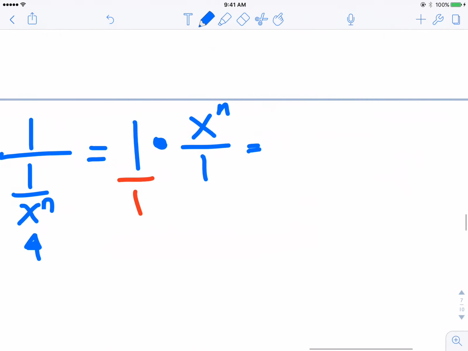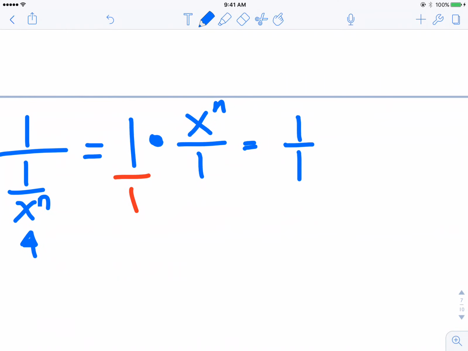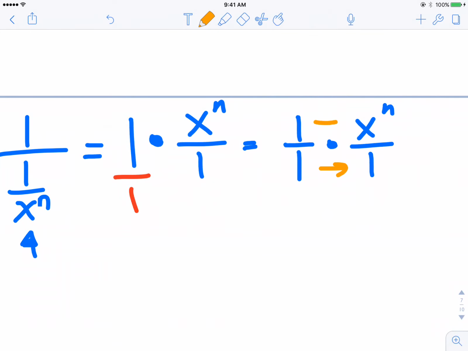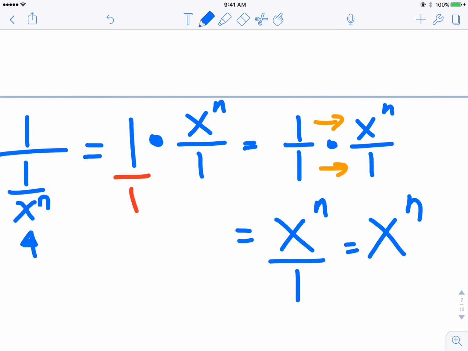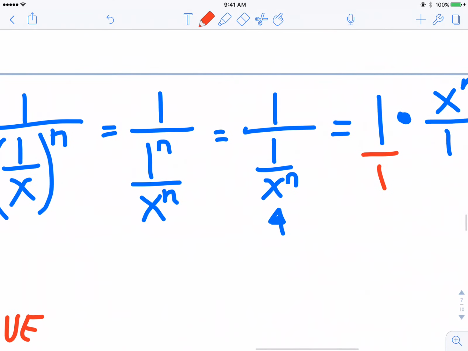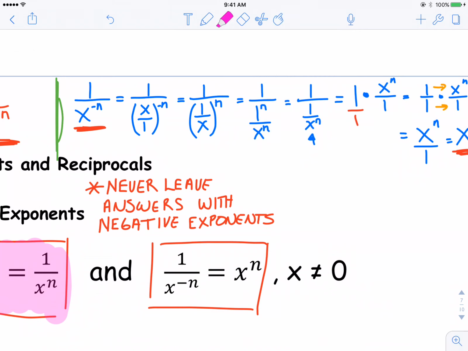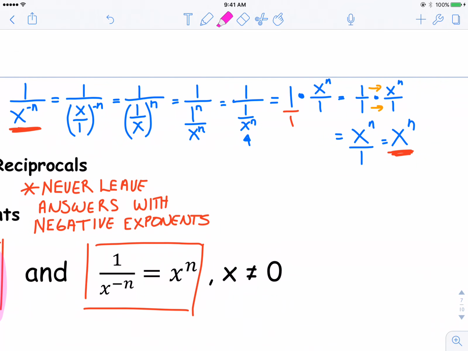When I multiply fractions, so now I have 1 over 1 times x to the n over 1. When I multiply fractions, I multiply straight across the top, straight across the bottom. This gives me x to the n over 1, which is just x to the n. So you can see now again how we got to here from way over here, just like the rule specifies right here.